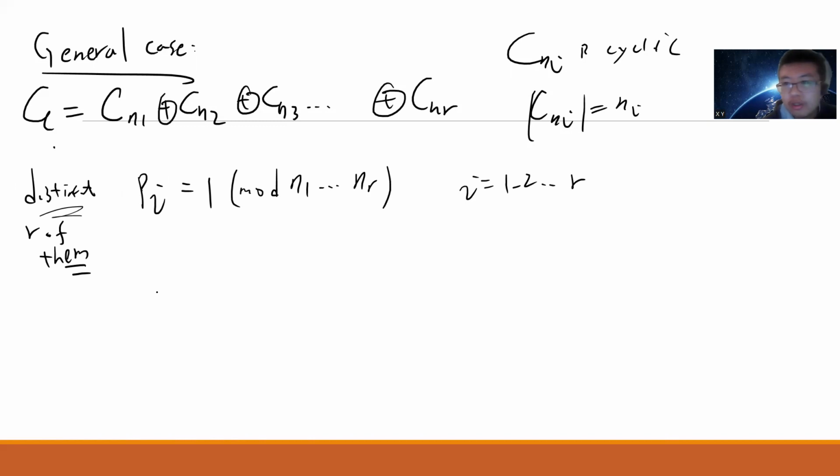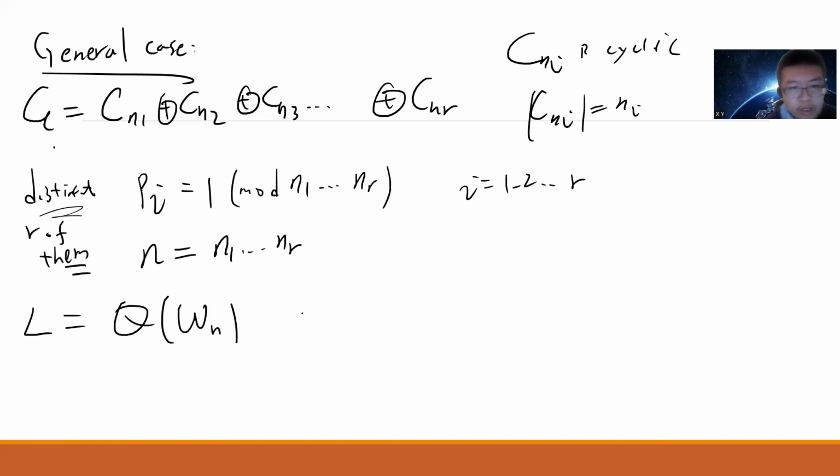Now we want to construct a field. Consider n to be p1 up to pr, and consider our large field L to be Q adjoin omega_n.